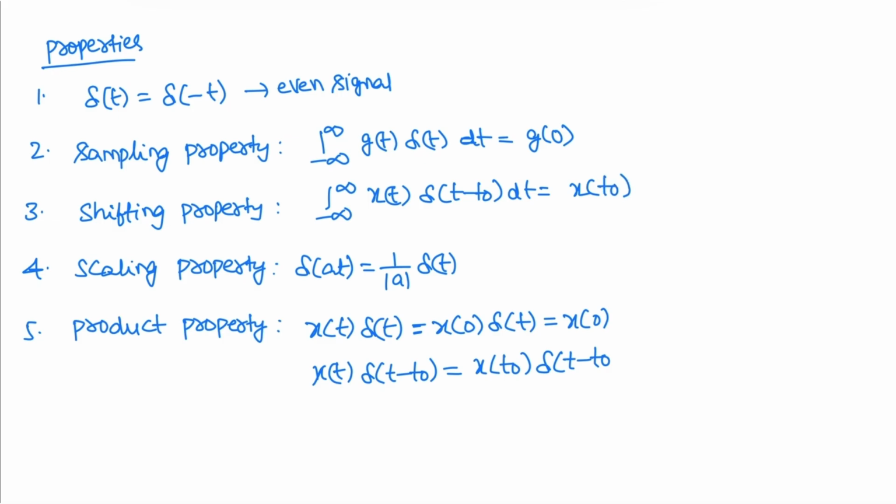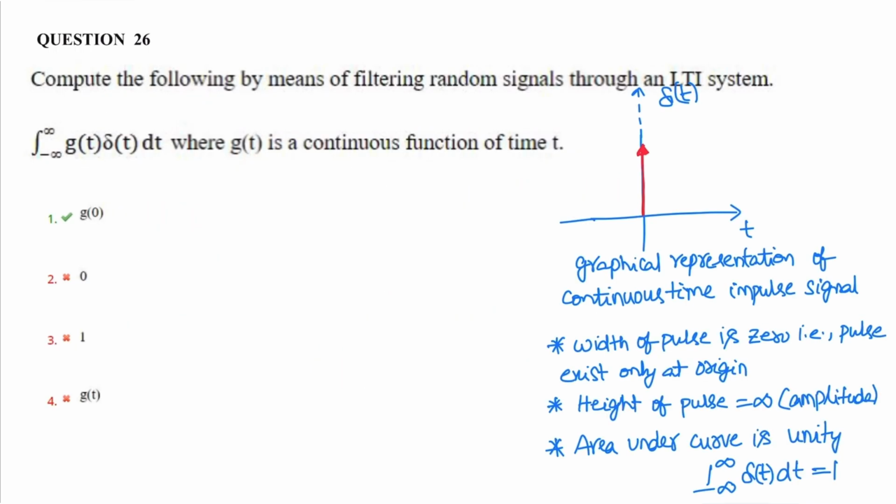Then the scaling property is delta of a t equals 1 by mod a delta of t, where a is any positive integer. The product property is x of t times delta of t equals x of 0 times delta of t. And the area under the curve for this impulse signal is unity. Now in the question they have given the integral from minus infinity to infinity of g of t delta of t dt. It is related to the sampling property, and its value is g of 0.